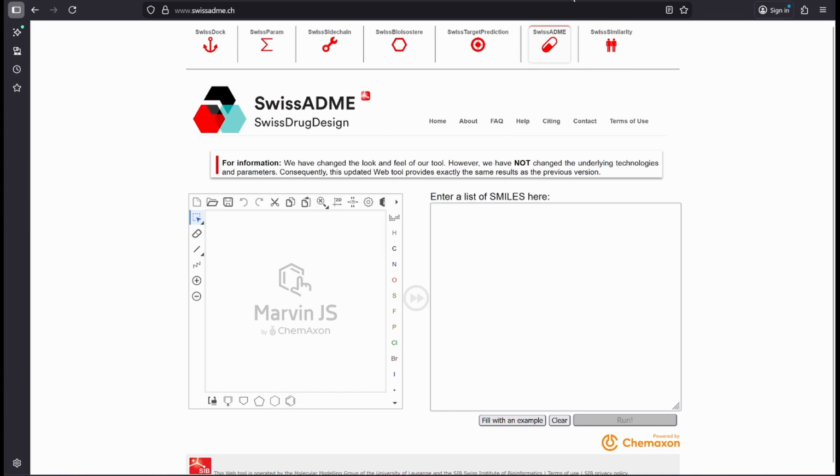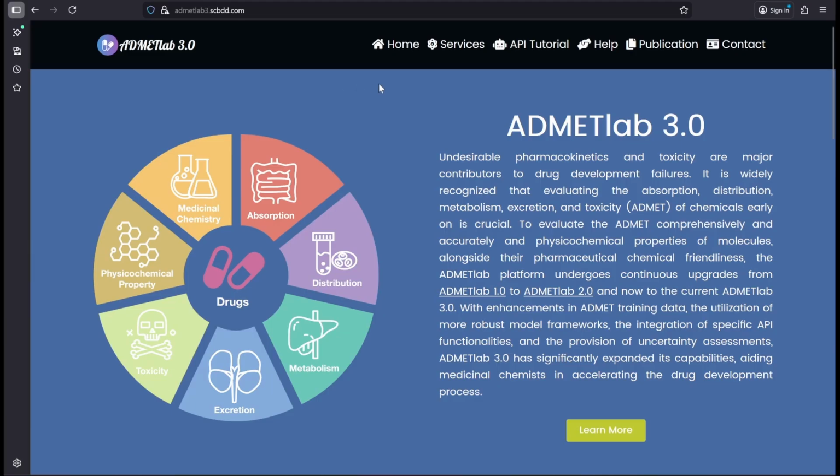So one such, or two such examples are SwissADME, and also ADMETlab 3.0, as I'm showing on the screen. These web servers are trained on already available data. Of course, a large number of small molecular ligands already have experimentally determined values of these different parameters, right?